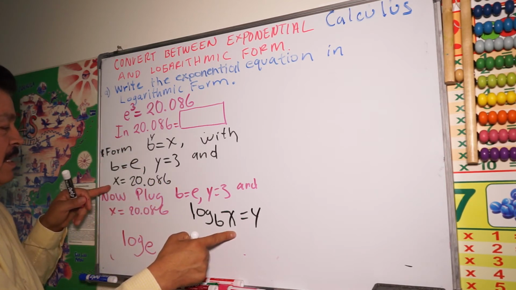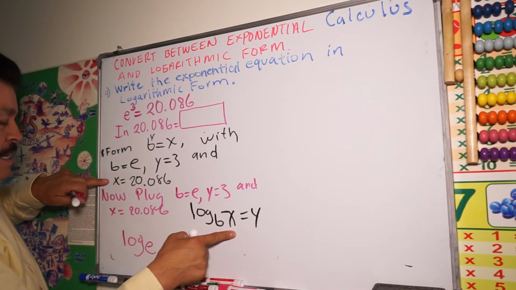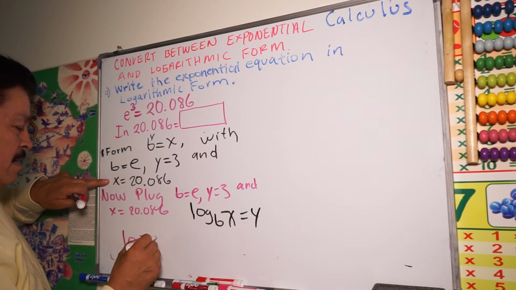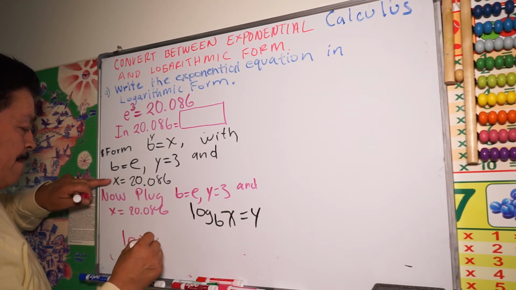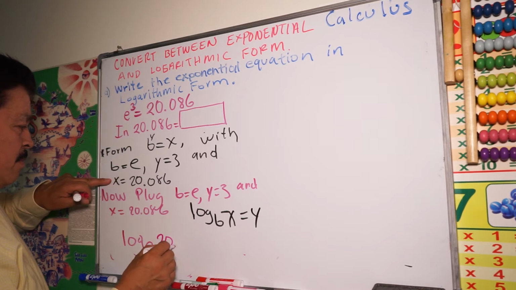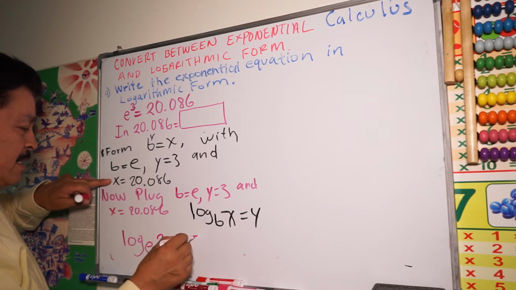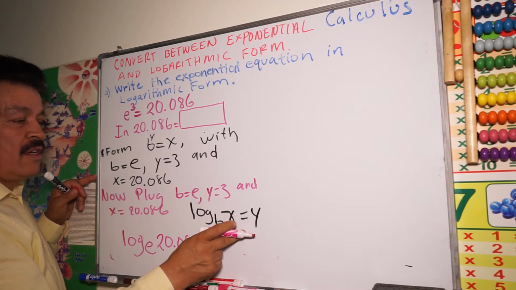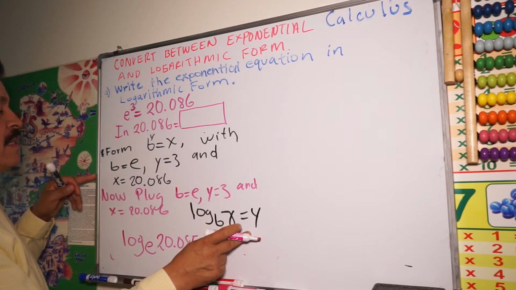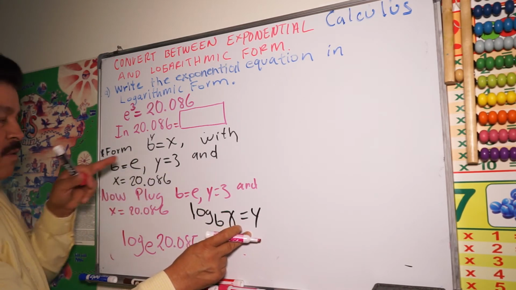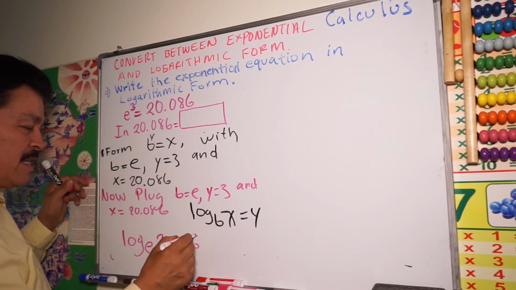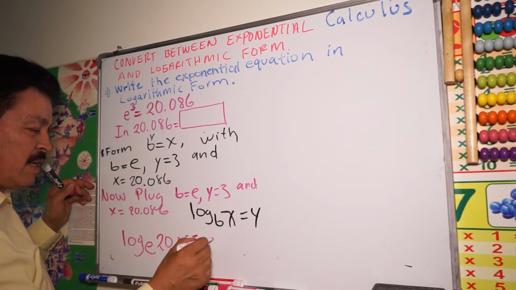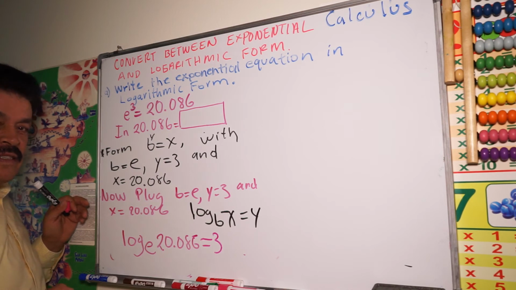X is 20.086, equals y. How much is y? Y equals 3. See?